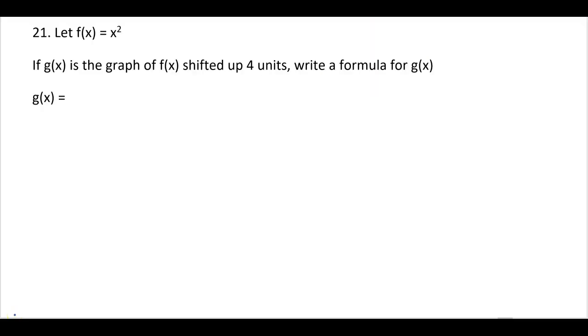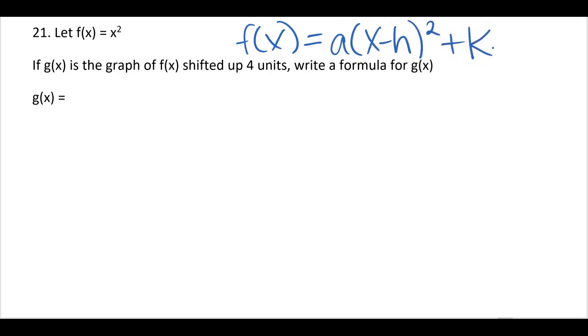Let f of x equals x squared. And we want to write g of x so that f of x is shifted up 4 units, and then actually write that g of x formula. So let's just look at a basic function. F of x equals a times x minus h squared plus k.